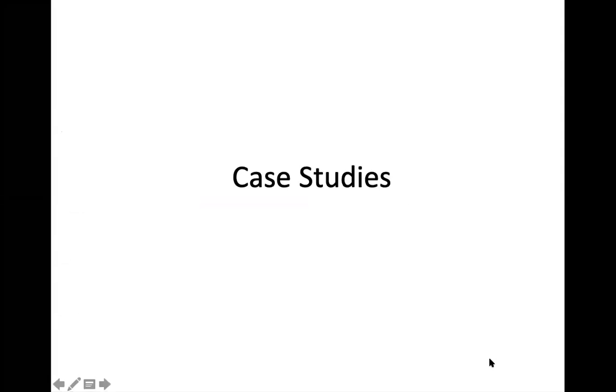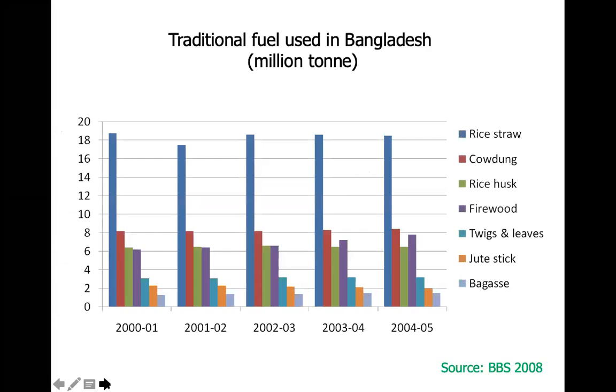Bioenergy, a case study in case of Bangladesh, bioenergy worldwide, the energy based on energy produced from biomass. And we discussed a lot about this topic in our last class.